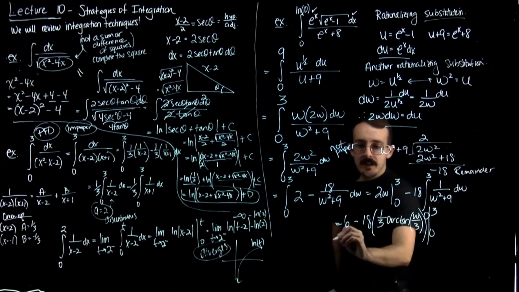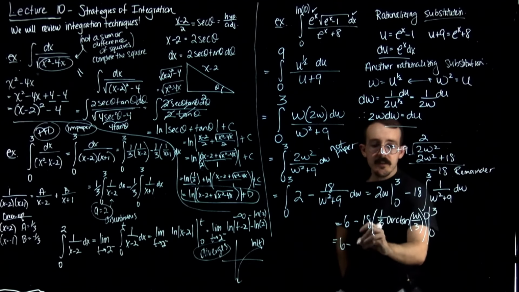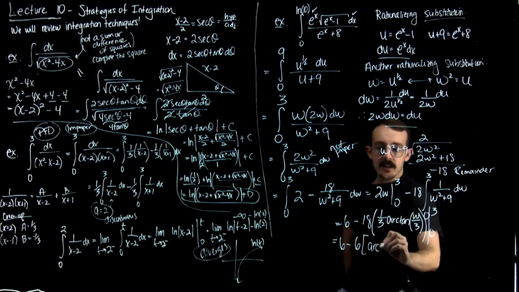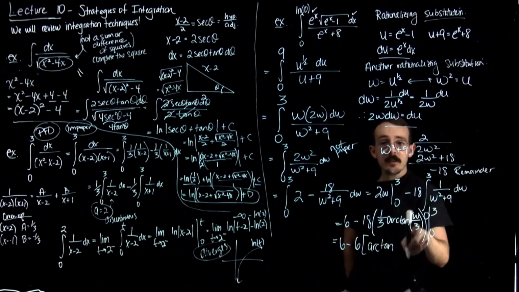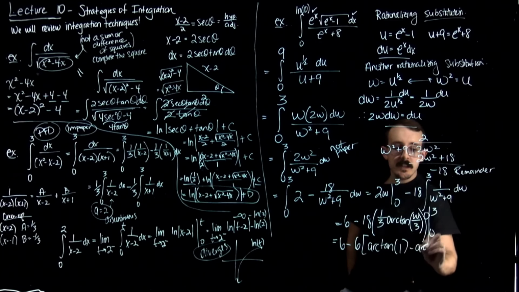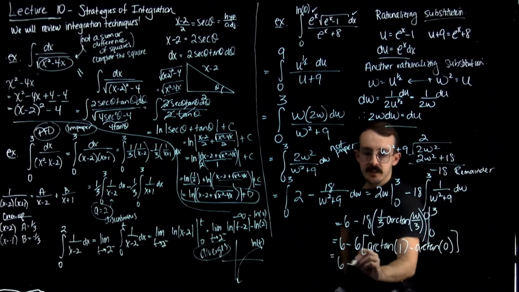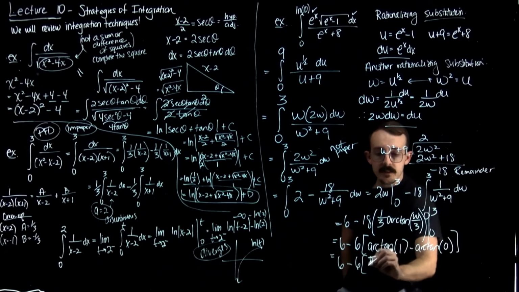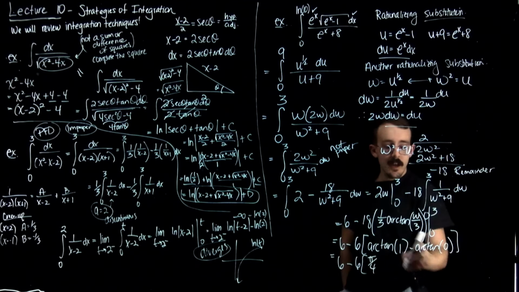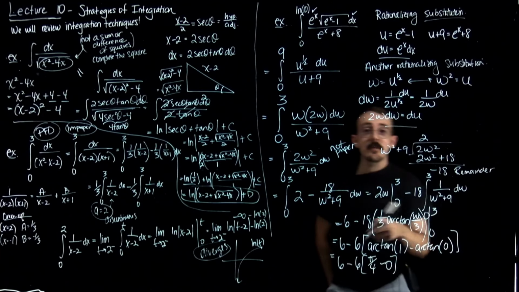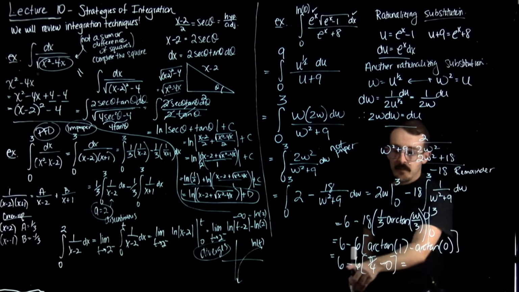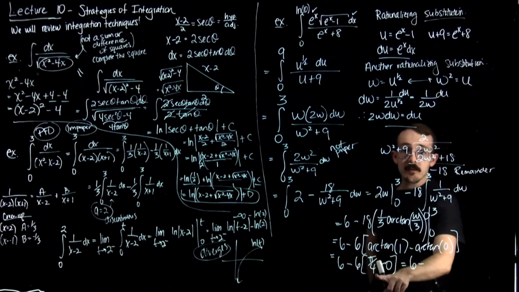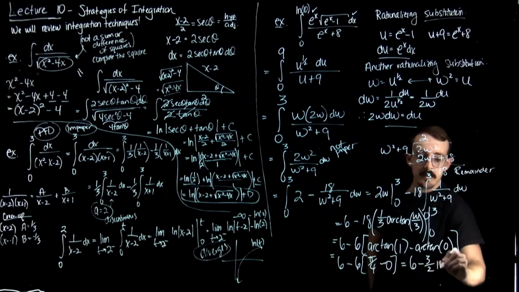So this is 6 minus 1/3 of 18, which is 6, times arctangent of 3 over 3, which is 1, minus arctangent of 0 over 3, which is 0. So this is 6 minus 6 times arctangent of 1, that's pi over 4. That's the angle that gives you 1 for tangent, and 0 is the angle for tangent that gives you 0. And then this will be 6 minus 6 over 4, which is 3 over 2, and then pi.